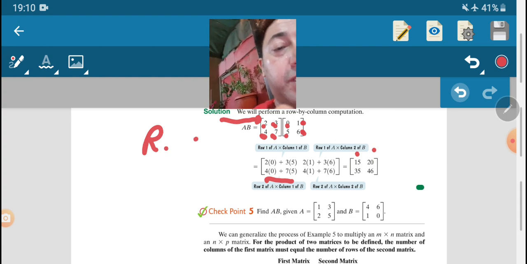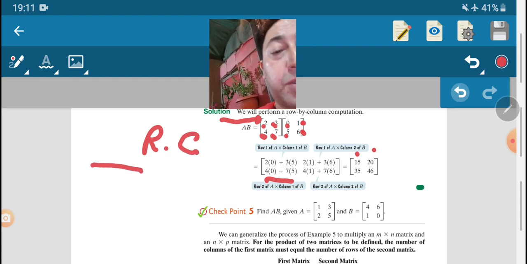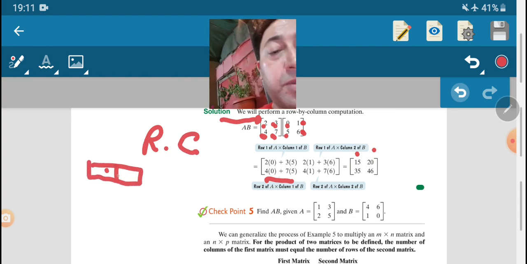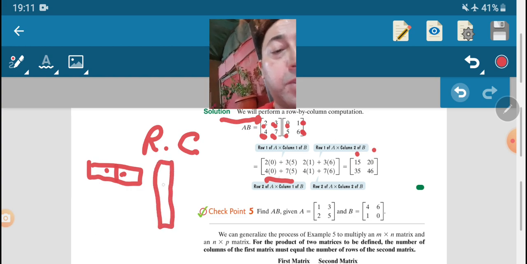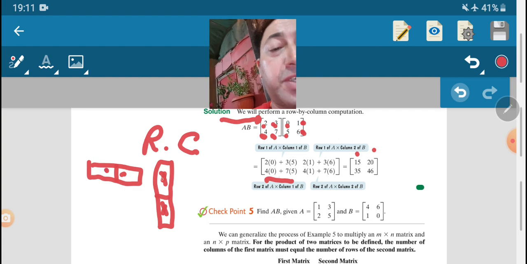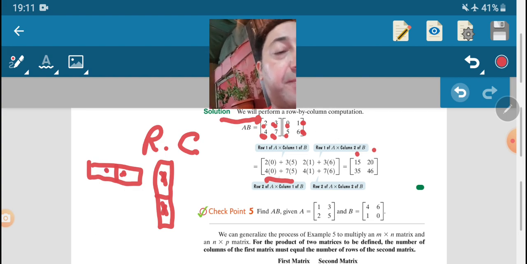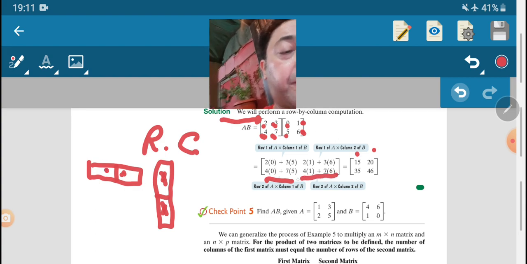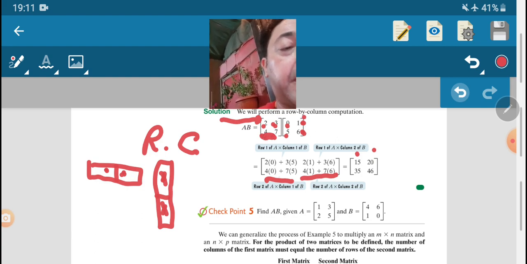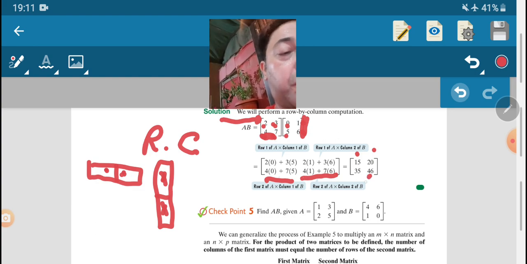Row into column, first plus second. The last one, the second row in the second column: 4 by 1, 7 by 6, which is 46.